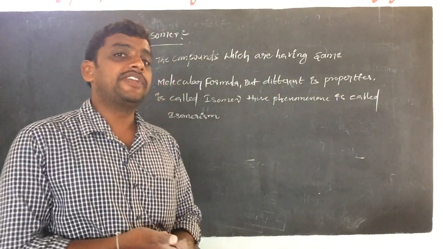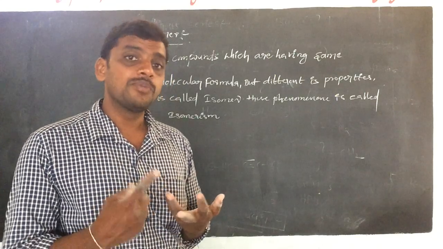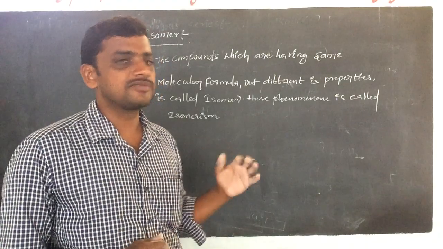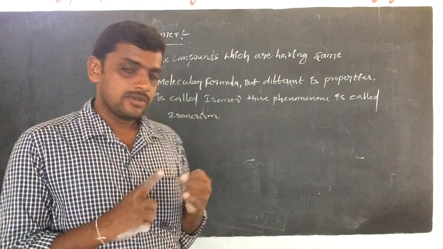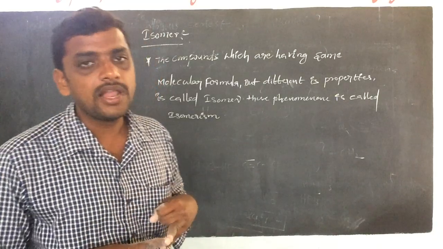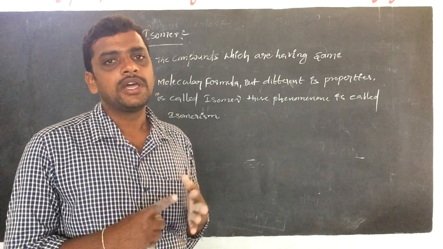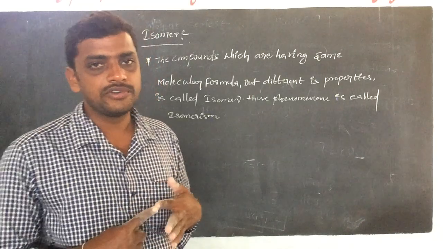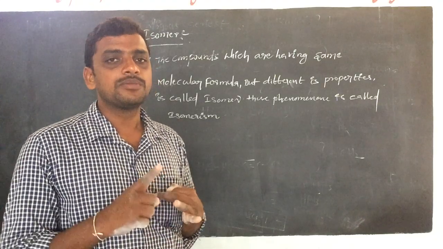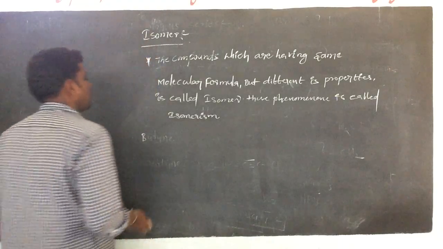Isomers are of different types. They are structural isomers, functional group isomers, positional isomers, etc. Tautomers are also there, but we don't discuss that. In our topic, only structural isomers, positional isomers and functional group isomers.